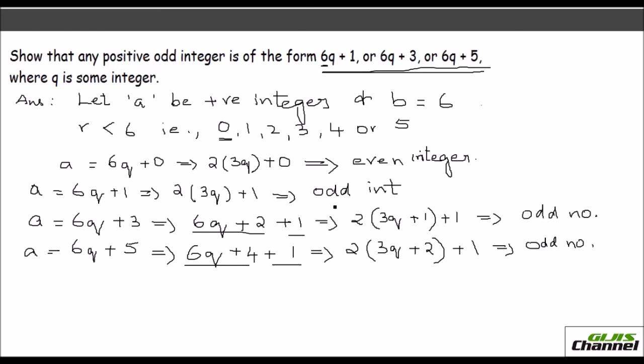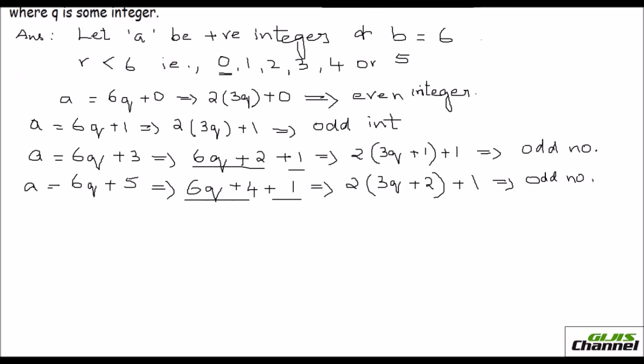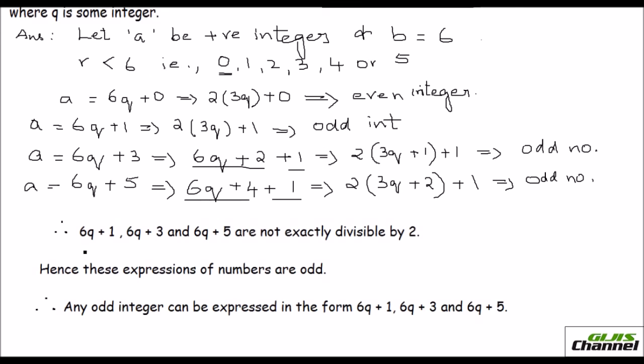Any odd integer can be expressed. So you have proved that any odd integer will be in the form of 6q plus 1 or 6q plus 3 or 6q plus 5. So your 6q plus 1, 6q plus 3 and 6q plus 5 are not exactly divisible by 2.